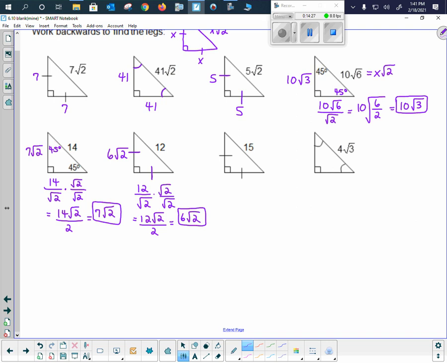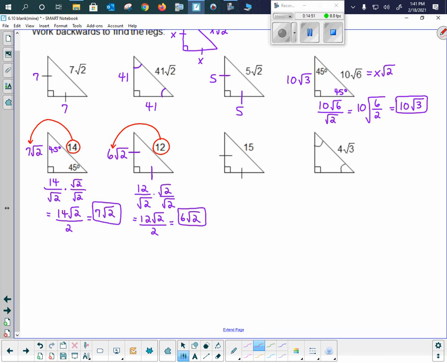Okay. Now notice, those of you that are pattern people, you might like this shortcut. Notice the pattern. If it's 14, notice what I got. Versus if it was 12, notice what I got.